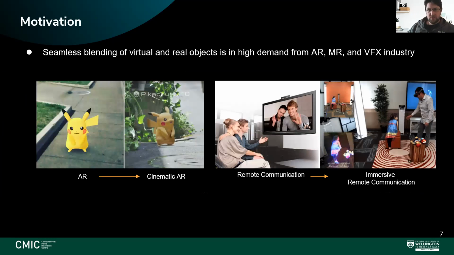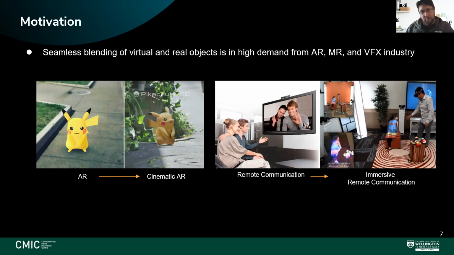The focus of this talk is about lighting, and solving the problem of seamlessly blending digital content into the real world. We can see here in a typical AR app like Pokemon Go, you have Pikachu that's just overlaid. Whereas if you want something where it looks like it actually belongs in that world, where it seamlessly blends in, you need a more intelligent solution, such as the concept image on the right.